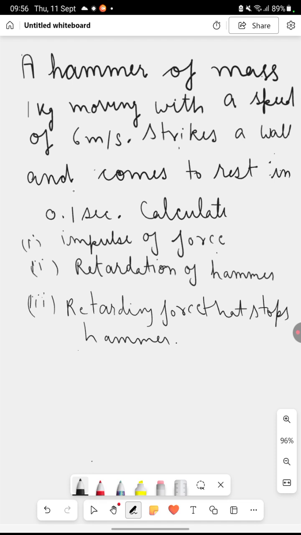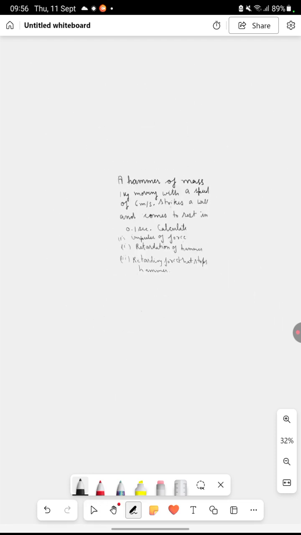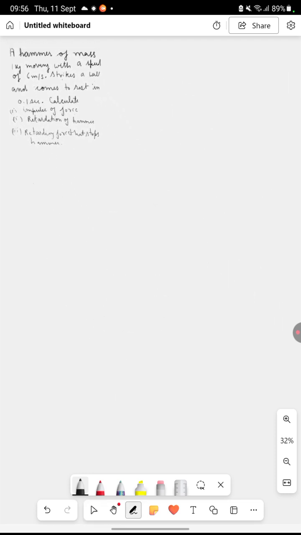So mass is 1 kg, initial velocity is 6 meter per second, final velocity is 0 because the hammer is stopped at the end, and time is 0.1 second. Now we have to find the impulse of force.